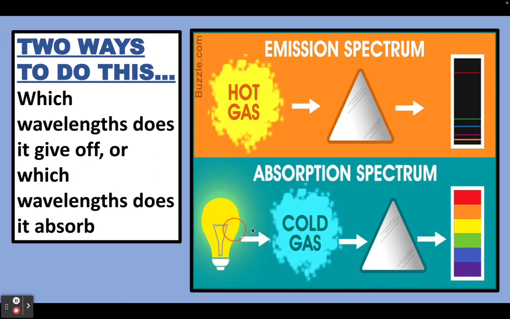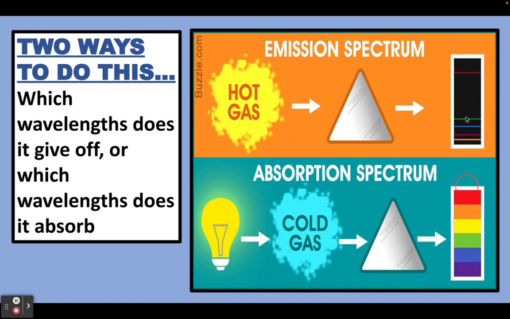So most of the light is going to pass through this cold gas except for the ones that are absorbed by the gas. And so the light then passes through the prism, and then you get this spectrum of color. And what's going to be different here is that instead of having the bands of light show up, you're going to have dark spots show up where the bands of light should be, and they don't show up because that light was absorbed by the gas.